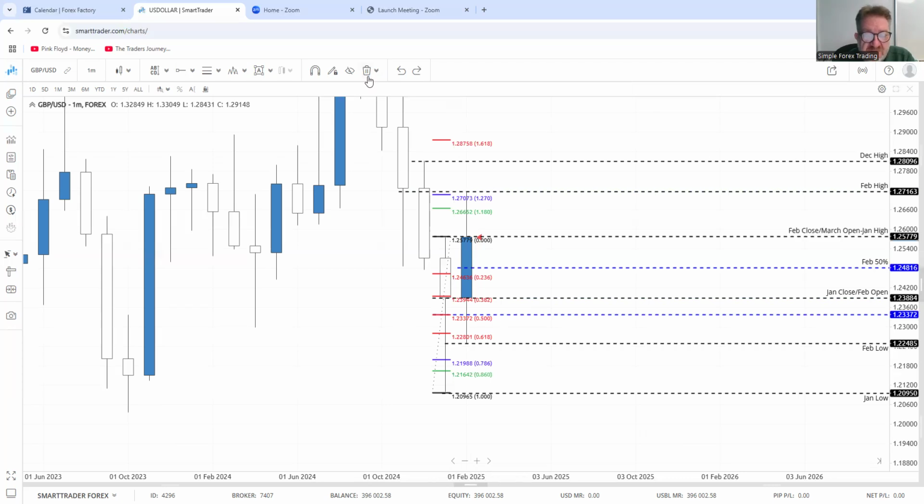So is there a need for it? Well, as I said, they're good support and resistance levels. So I like to keep them. You don't have to if you don't want to. The market's way up here anyway, so it's going to take a while to get down. But it's the previous month, so I always think it's good to keep it.